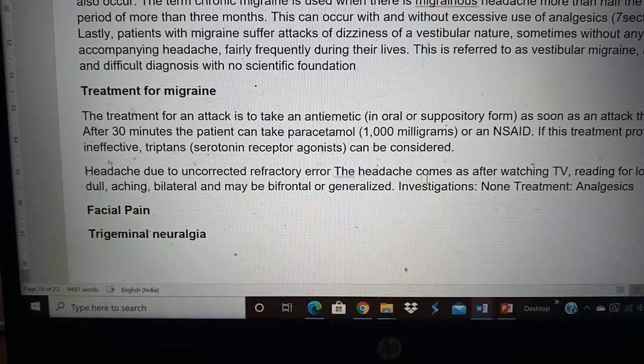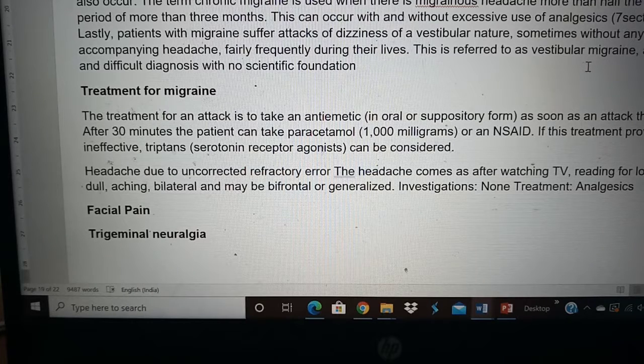The onset of this kind of headache occurs after watching TV, reading for a long time, or straining their eyes for a long time, and it can be treated with analgesics. There are other reasons for headache, like high blood pressure. So there are other reasons as well, but they are not very serious problems.